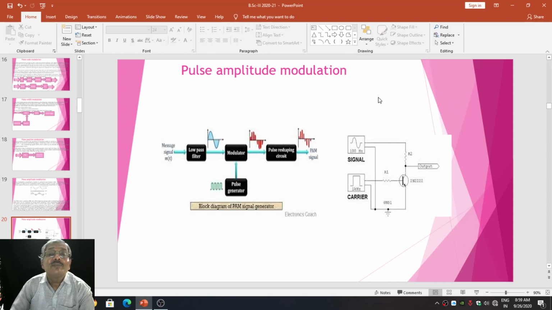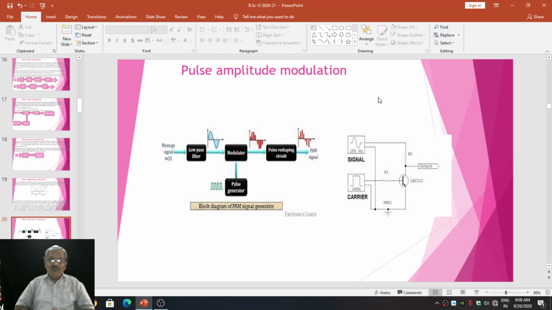Dear students, in the last 3 periods, whatever we have covered is of the type of digital modulation, where we have studied the amplitude shift keying technique, frequency shift keying technique, pulse code modulation, pulse width modulation, pulse position modulation, and also pulse amplitude modulation.